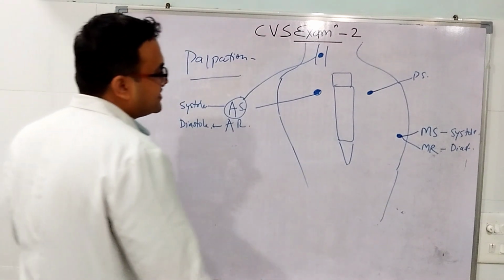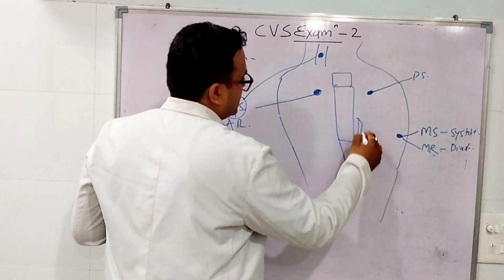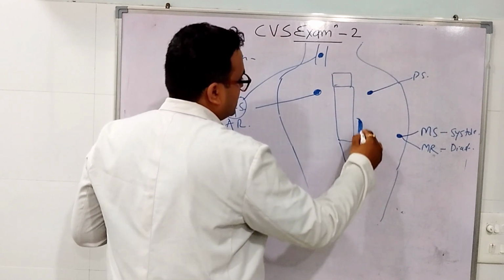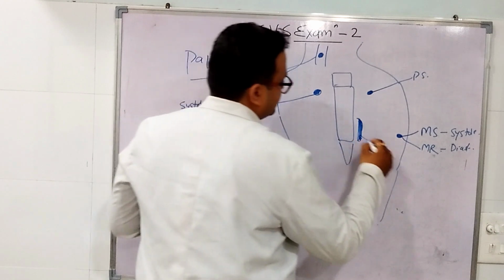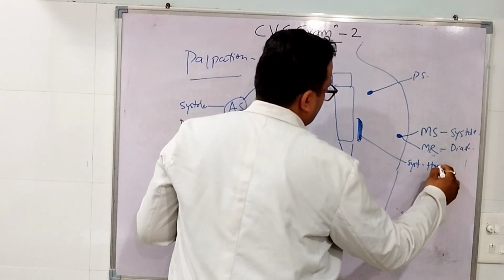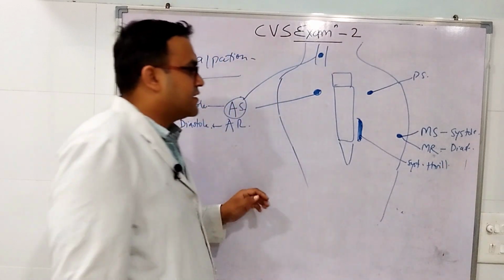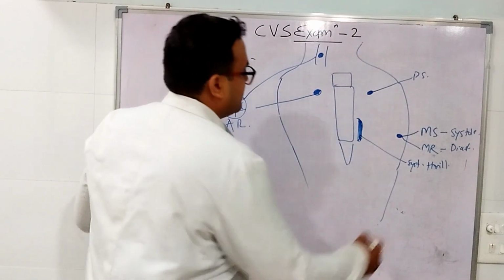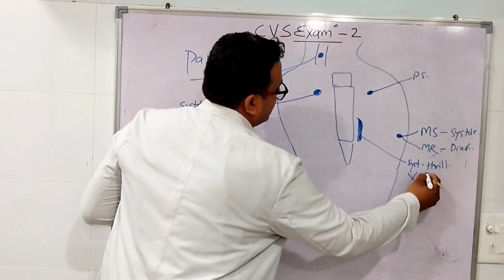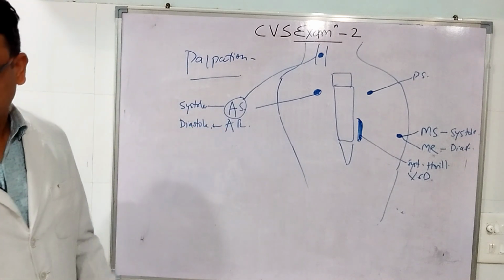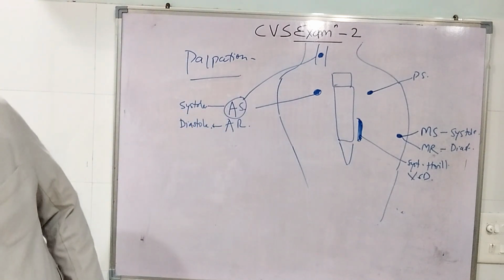In ventricular septal defect you can feel a systolic thrill in the left lower parasternal area. So this is the location of different thrills.